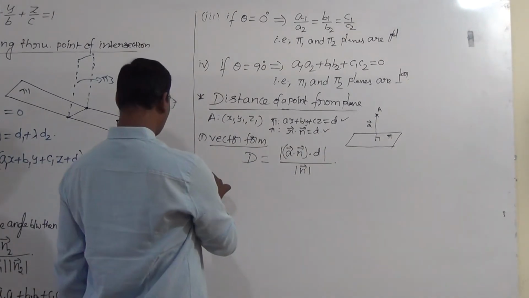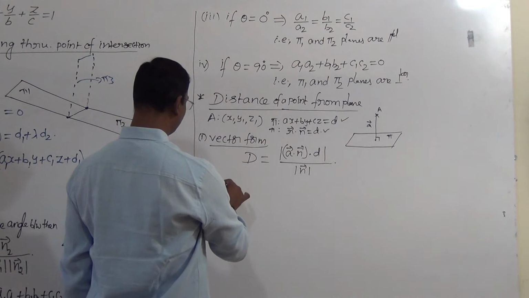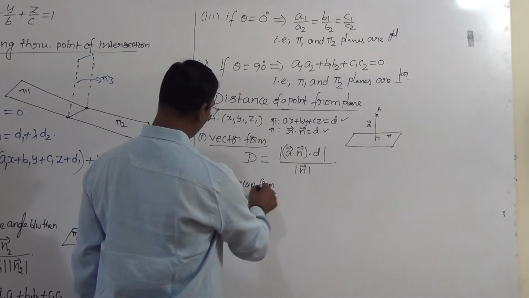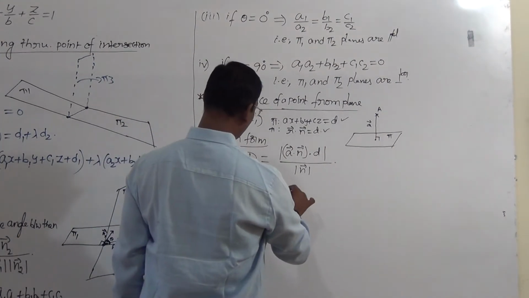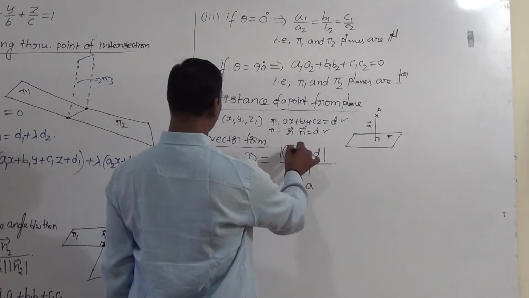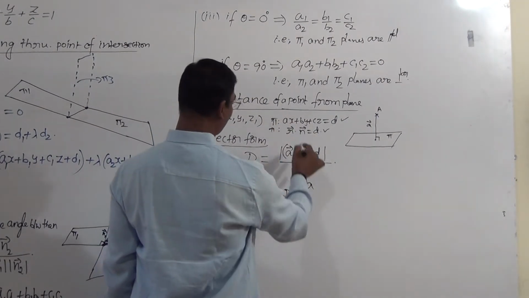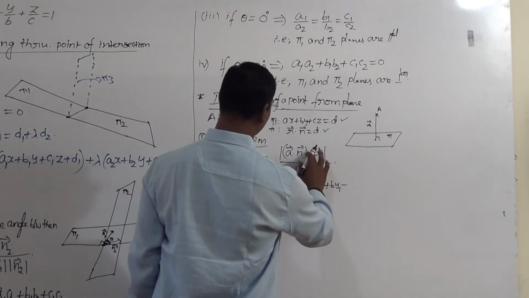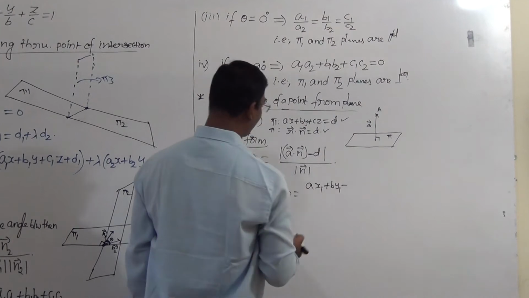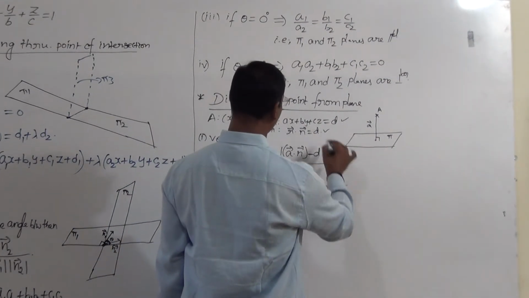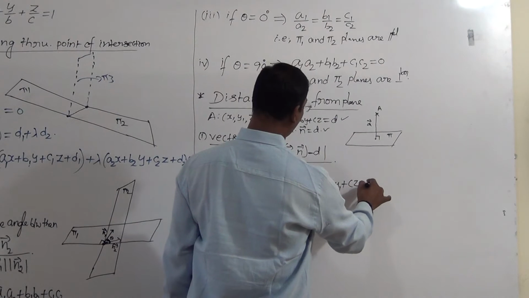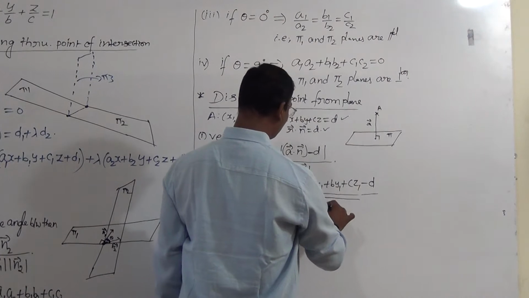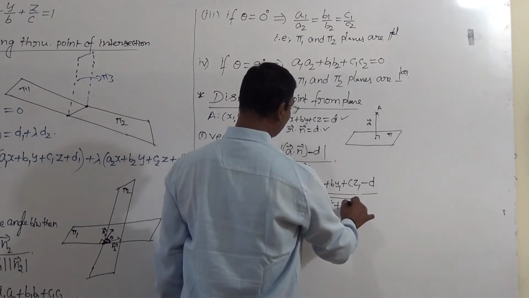Remember, in Cartesian form, the distance formula: substitute the dot product, it becomes a into x1 plus b into y1 plus c into z1 minus d, divided by square root of a square plus b square plus c square.